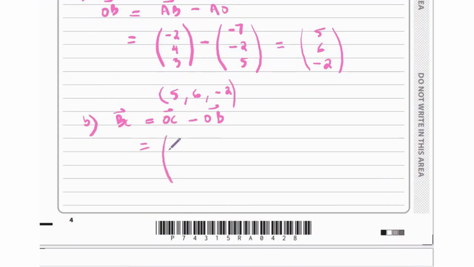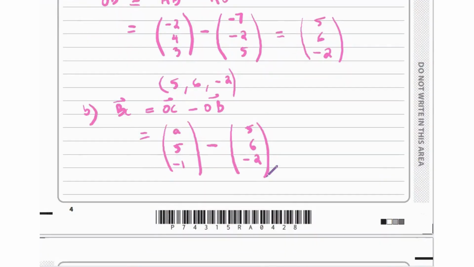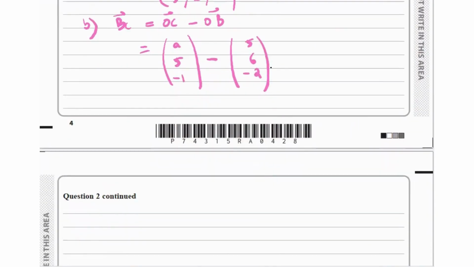OC is given in the question as A, 5, and -1. We just found OB, which is 5, 6, and -2. That's going to be A minus 5, -1, and +1. Now we're going to find the dot product of BC and OC.